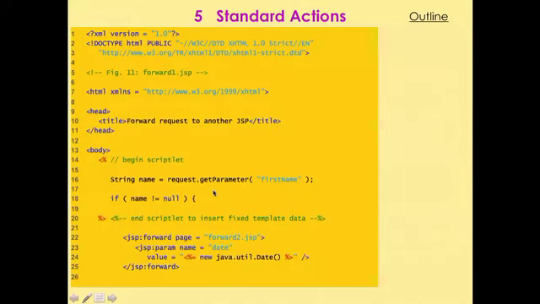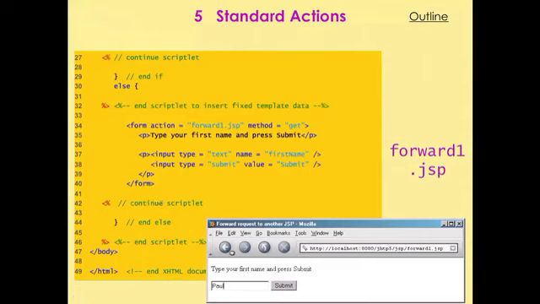Here is our example. As we did with the previous example, we start with calling getParameter firstName. If it is null, I'm going to display a form to the client that will call this page, and I have the first name and a submit.